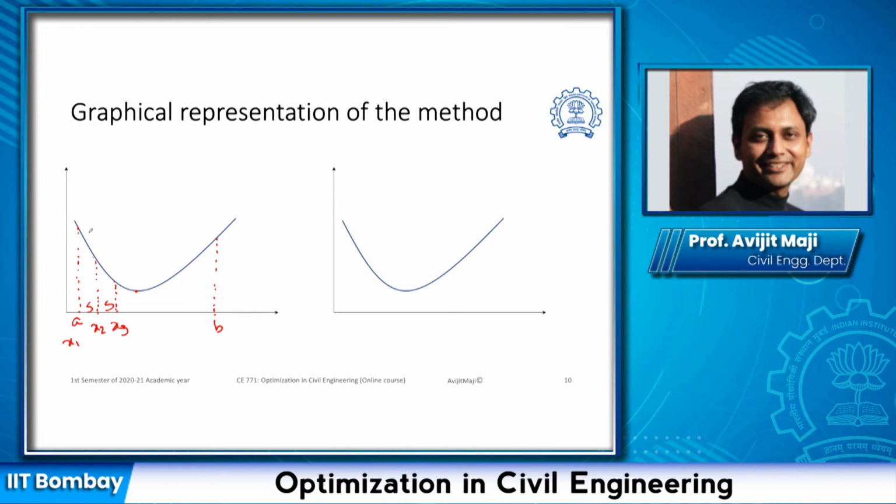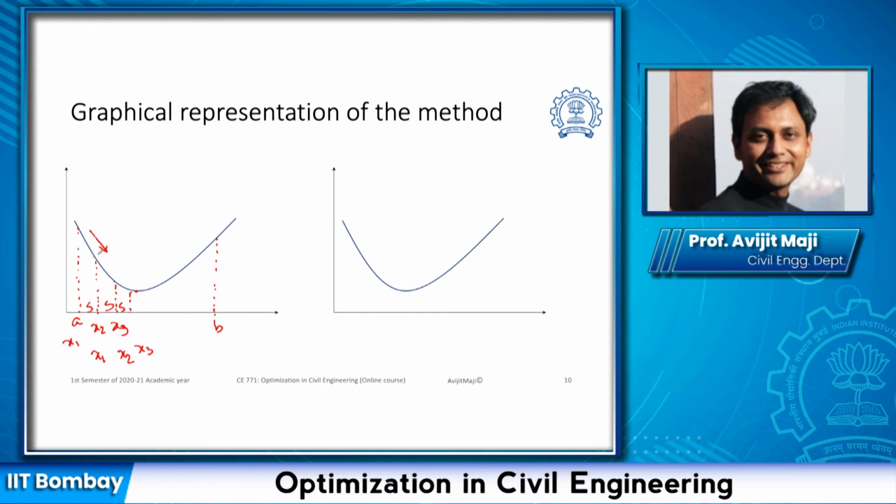When we compare the function values, we see it is reducing in all three cases. Then this point becomes x1, this becomes my x2, and a point here at distance S becomes my new x3.